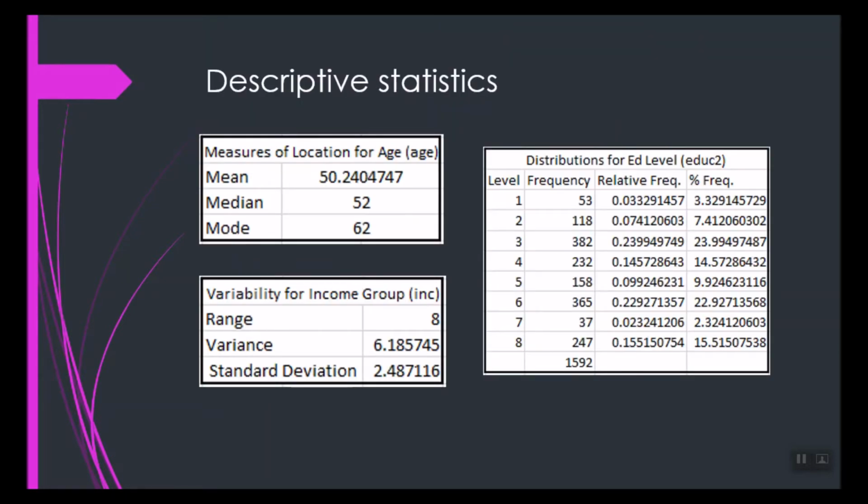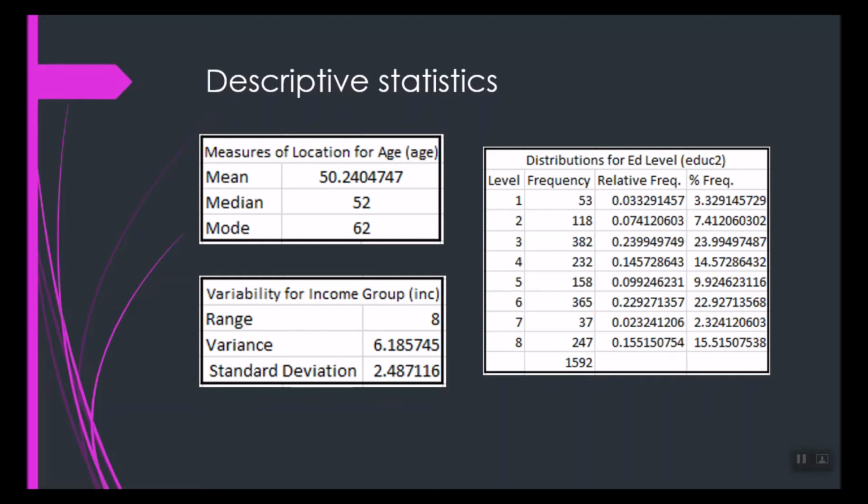So my descriptive statistics that I thought would best represent the people that were participants of the study, I used the measures of location for age, variability for income group, and distributions for education level. And as you can see, this makes it easy to tell that the most common age, or the average age of the participants was 50, and then the range of the income groups that were a part of the study were 8.